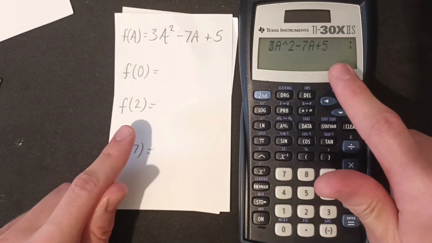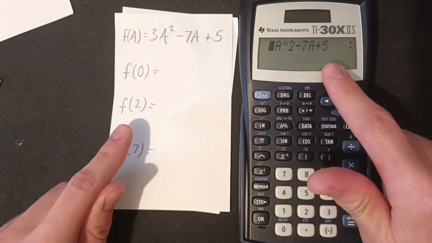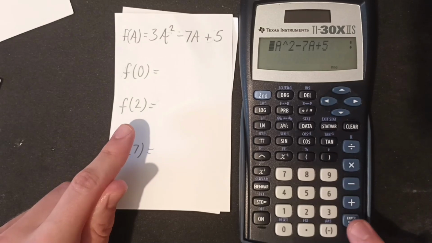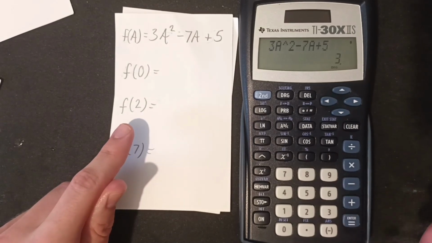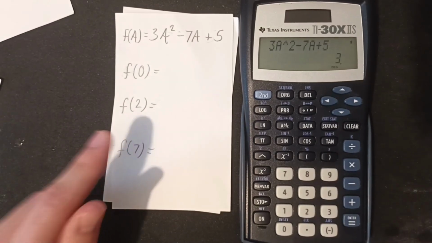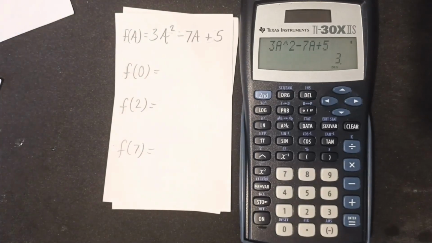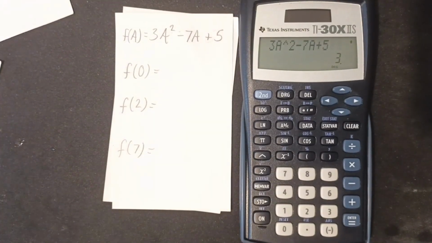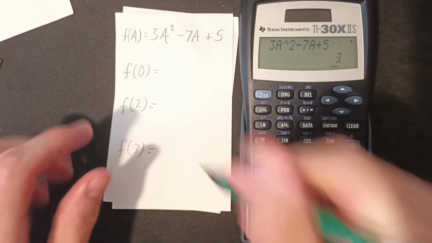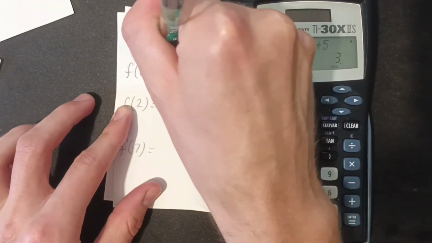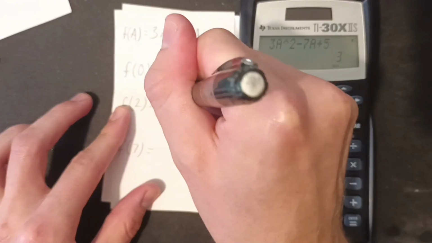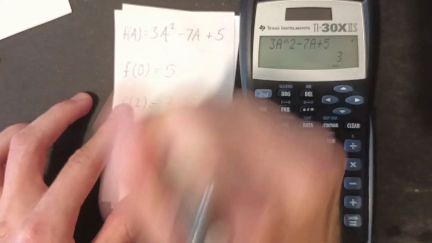So we're going to go up to our expression that we already typed out, and all we have to do is hit enter, and look, we just evaluated it. All right, so we got that one done. So the first one was 5, so put 5 here, and then our second one was 3.